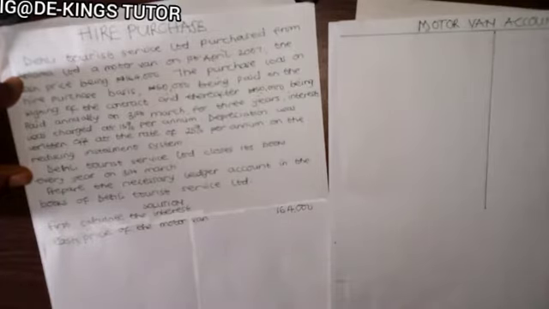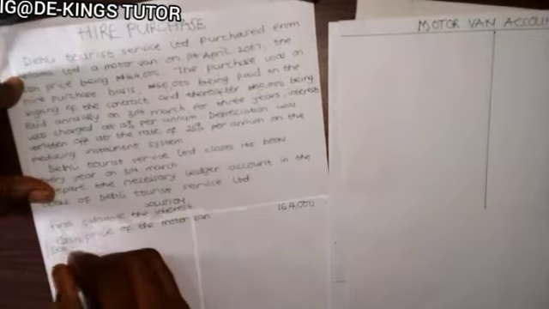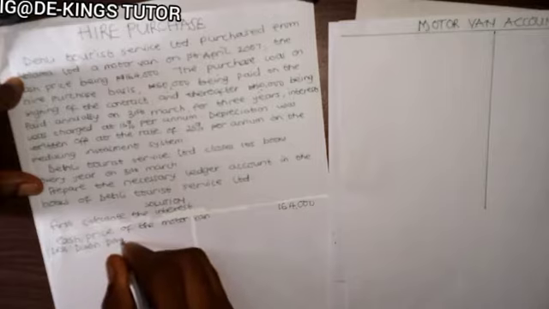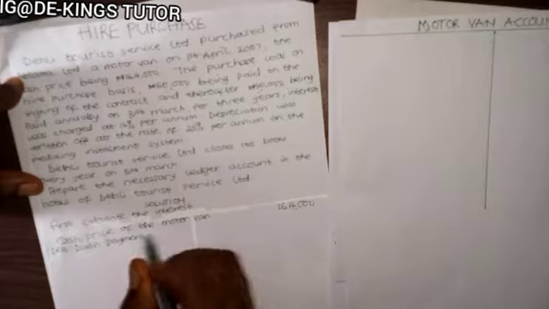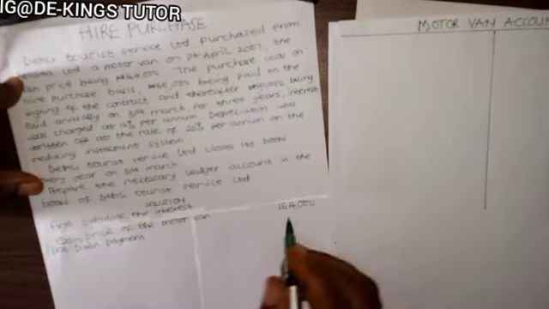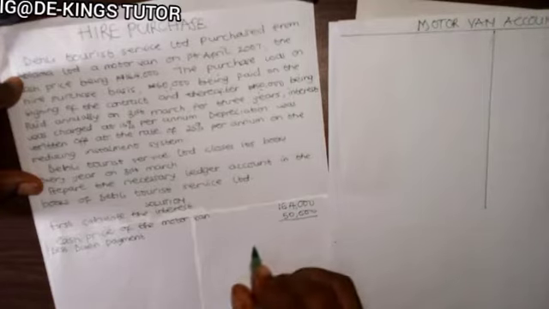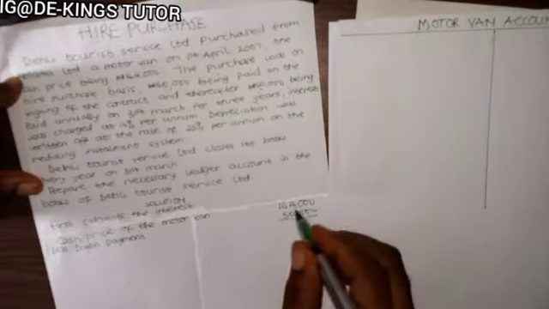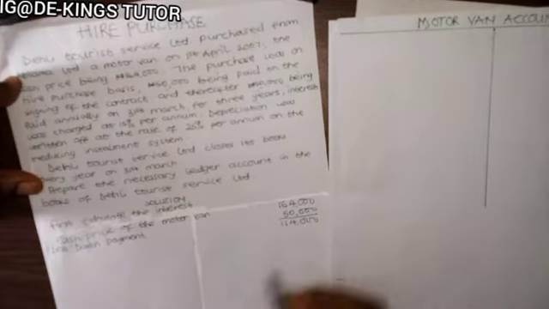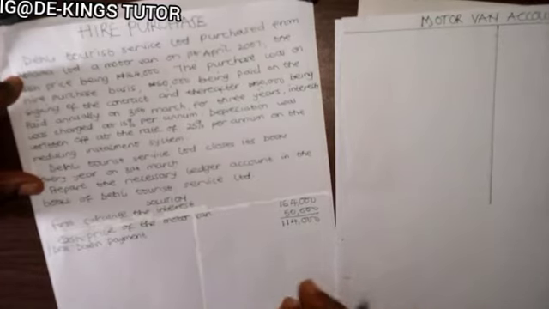The next one is, say, less down payment or initial deposit, because they said it paid 50,000. So less 50,000 from this, 164,000 minus 50,000 is 114,000. So this 114,000 is what is supposed to be paid in 3 installments, and interest will be charged on it.